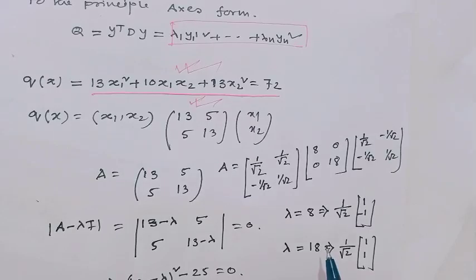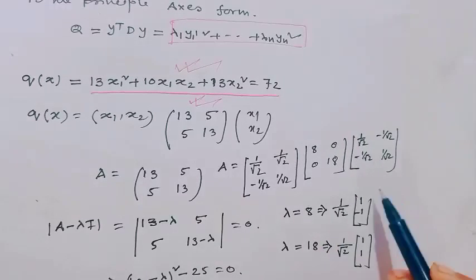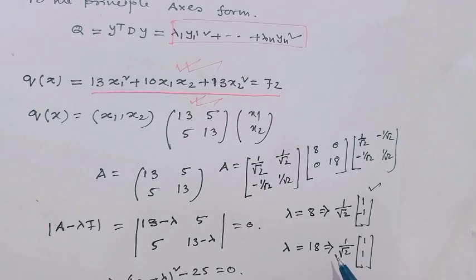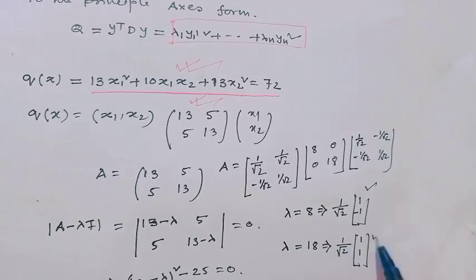Now find the eigenvector with respect to the eigenvalue lambda equal to 8. The eigenvector is 1 over square root of 2 times the column vector (1, minus 1), and with respect to the eigenvalue lambda equal to 18, the eigenvector is 1 over square root of 2 times the column vector (1, 1).